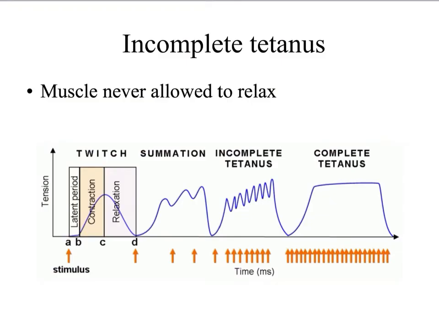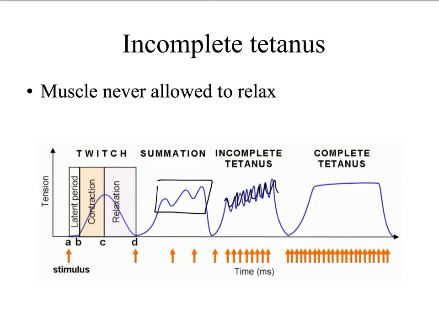This is going to give you a couple of different patterns here. Now, again, everything we're talking about here is wave summation, but wave summation can lead to a pattern called incomplete tetanus, where basically the stimuli are coming so quickly that the relaxation phase, in fact the entire cycle, is really shortened.